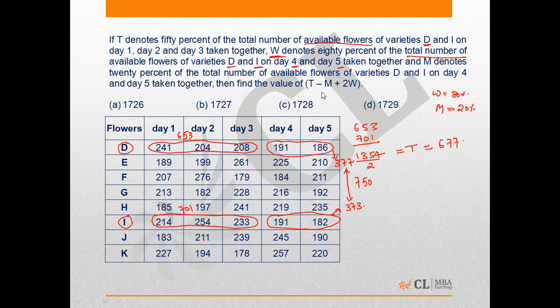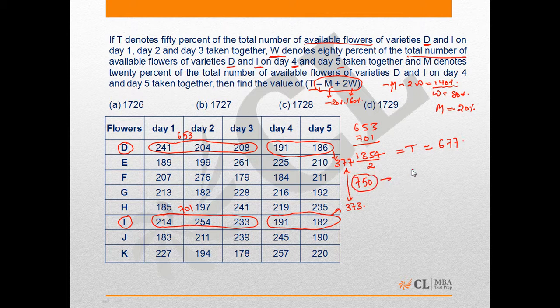I need to calculate the value of T minus M plus W. I just simplify this because the base of M and W were the same. So 2W becomes 160% in a go, and this is minus 20%. So in total, minus M plus 2W is 140%. 140% of 750.